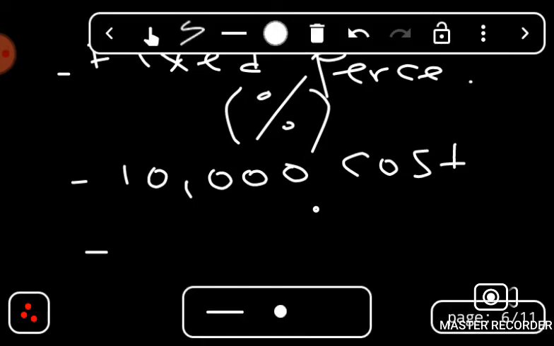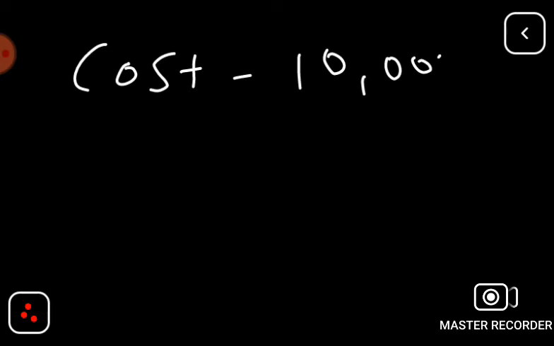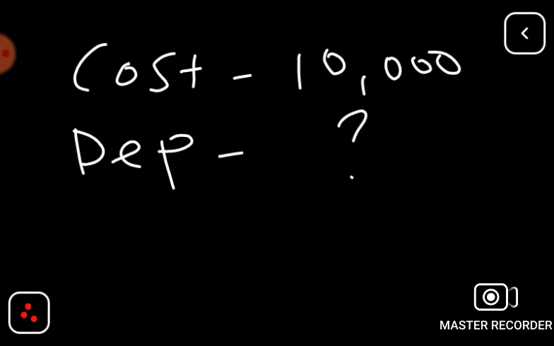Let's take an example so that we understand what we're talking about. Let's say the cost remains at 10,000, and this is just plant and machinery, and depreciation expense, rather, your depreciation we don't know, that's what we want to compute.